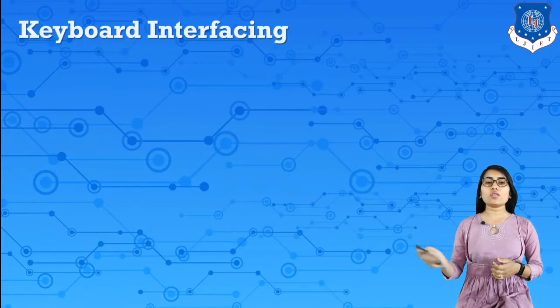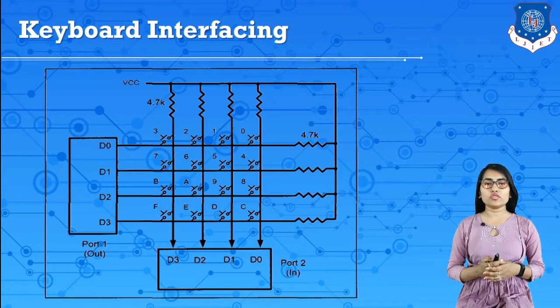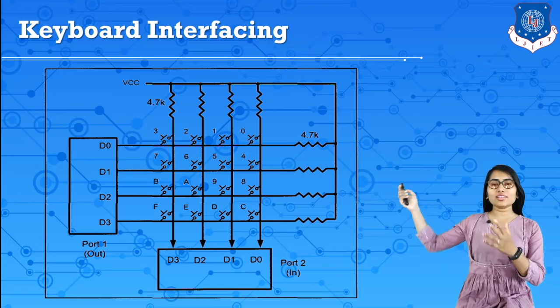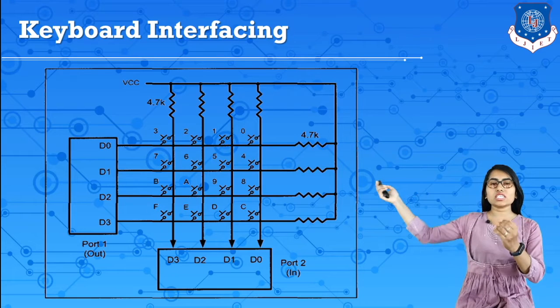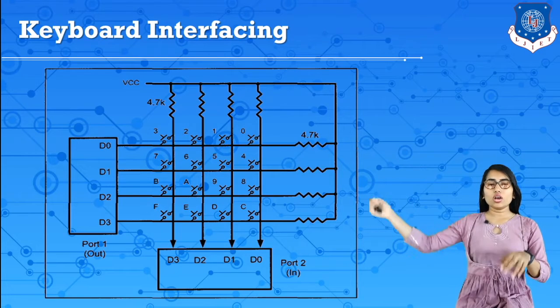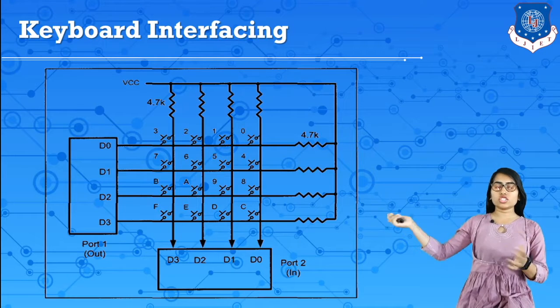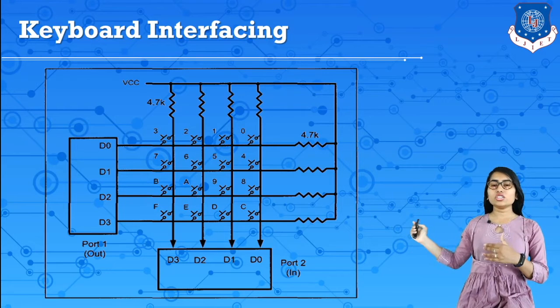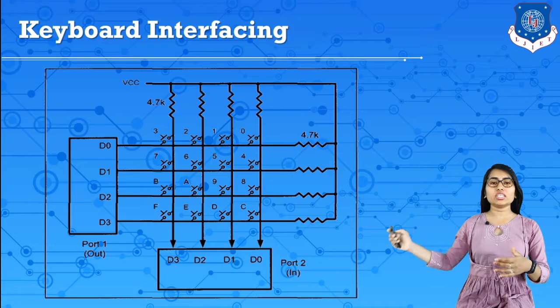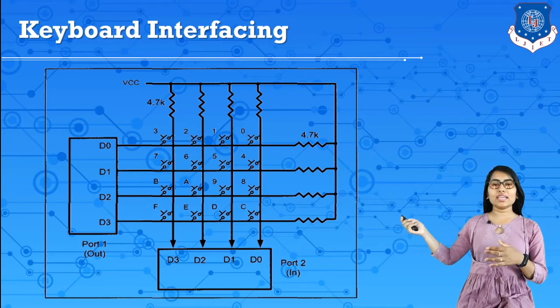Here we have the keyboard matrix configuration. These D0, D1, D2, D3 are 4 bits of the rows, and here D0, D1, D2, D3 are the 4 columns, and they can be connected like this.